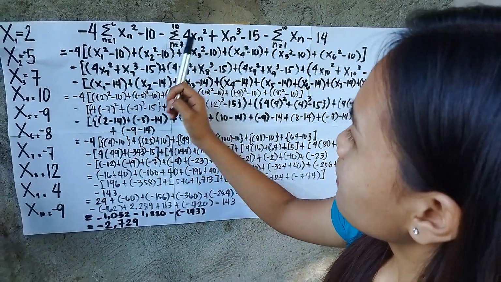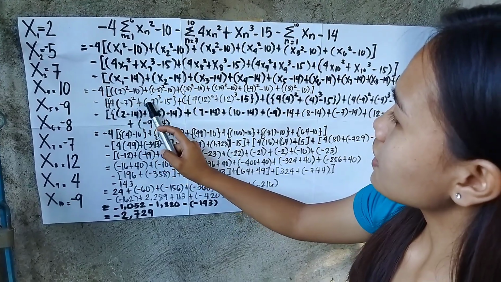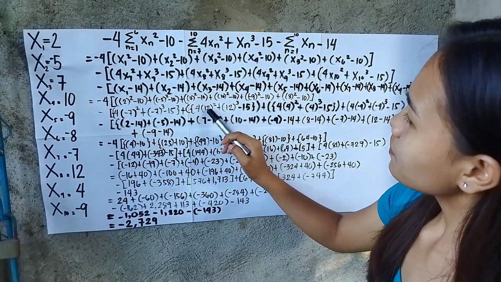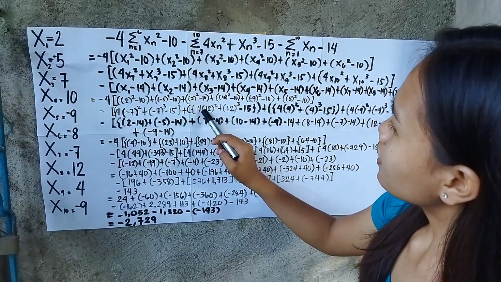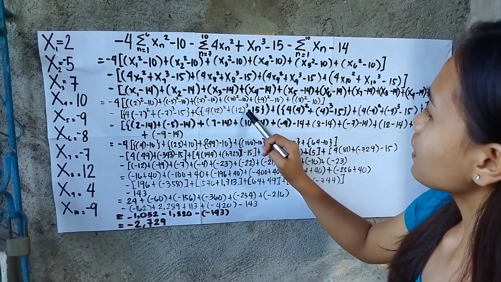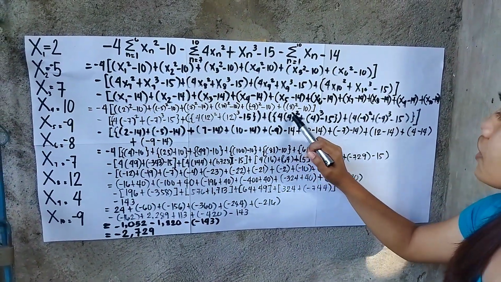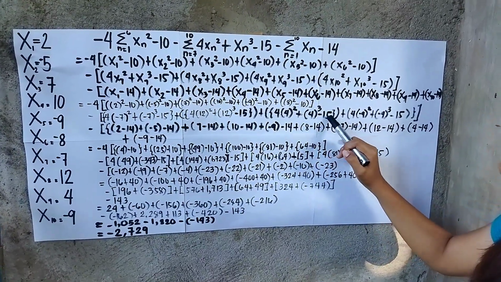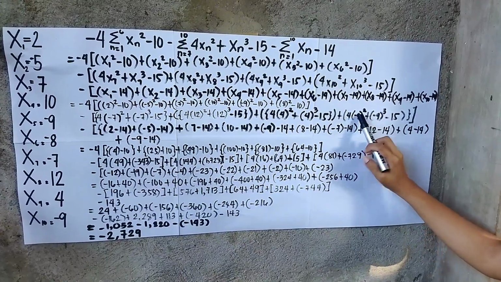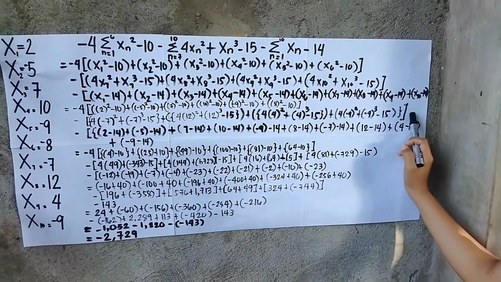Then in the second summation, 4 times negative 7 squared plus negative 7 cubed minus 15 plus 4 times 12 squared plus 12 cubed minus 15 plus 4 times 4 squared plus 4 cubed minus 15 plus 4 times negative 9 squared plus negative 9 cubed minus 15.